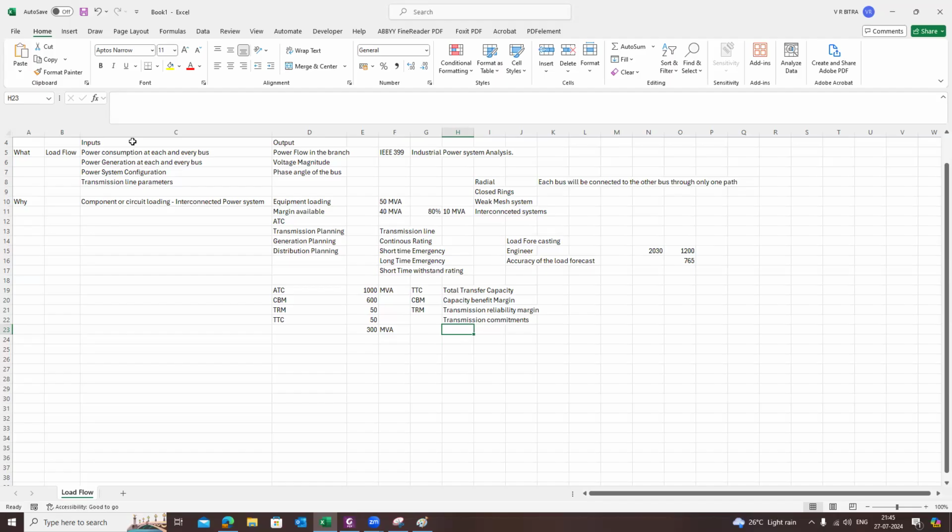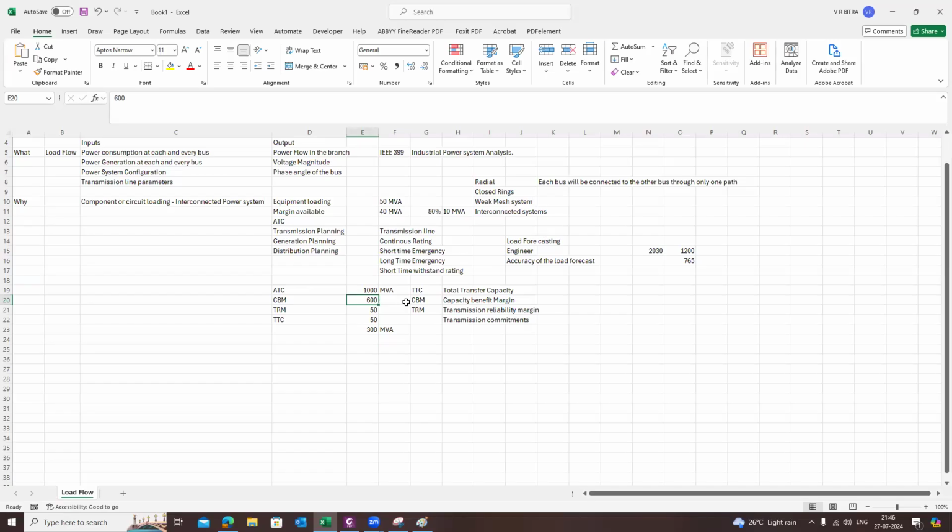Okay, sir. So sir, 400 is the benefit margin, na, sir? No. See, this is for the 600 MVA network. 1000 is the total transfer capacity, out of that, 600 is already being used. For the 600, sometimes it may go through some emergency conditions, right?